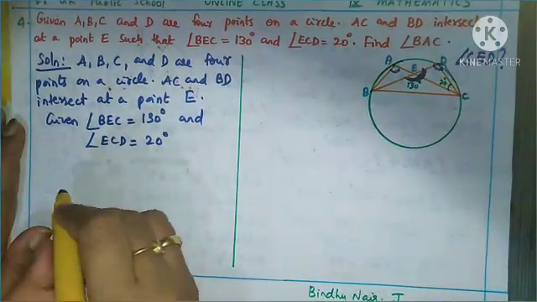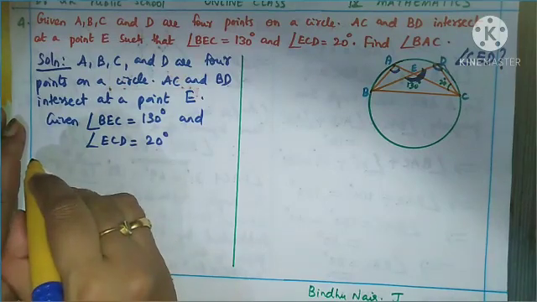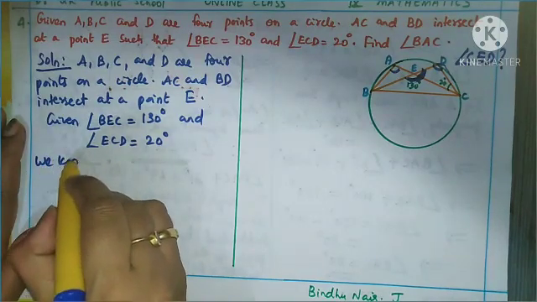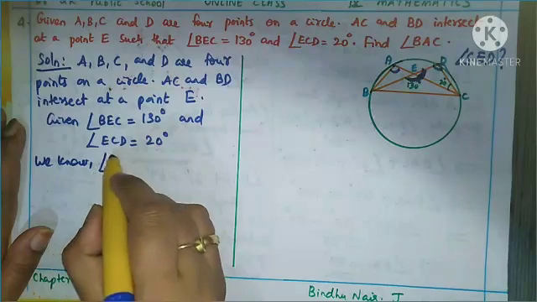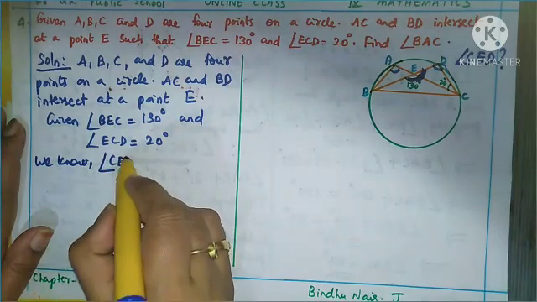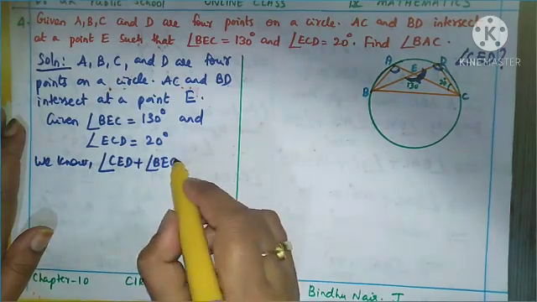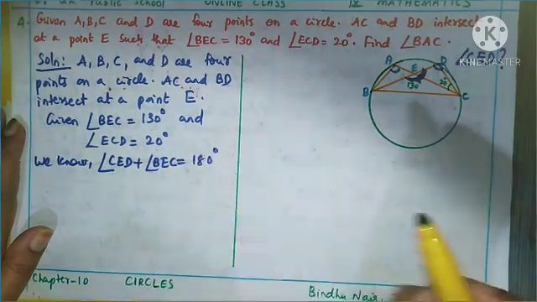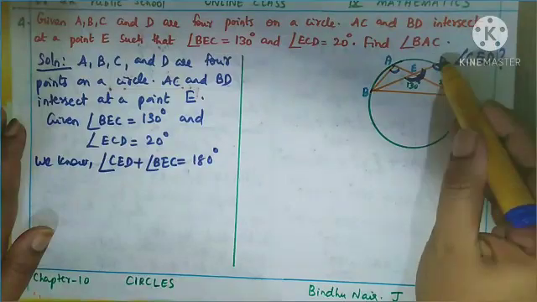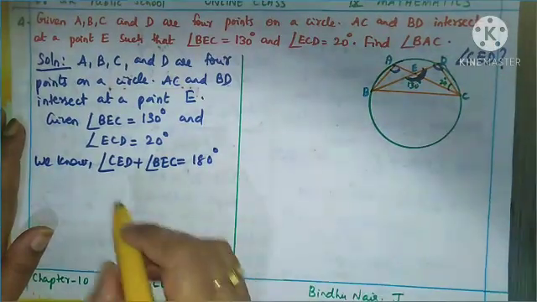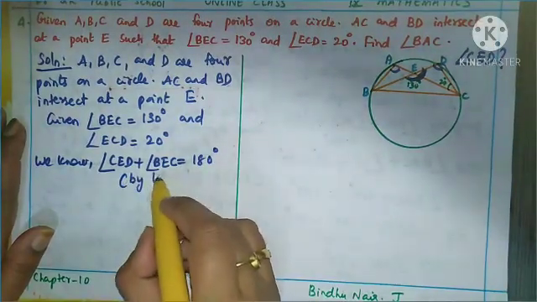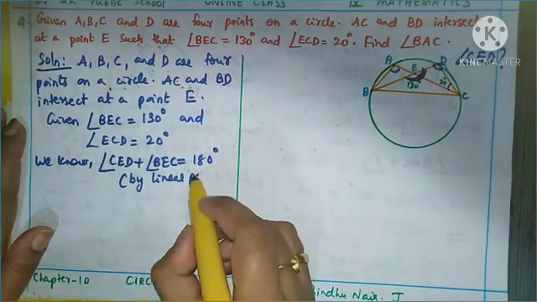First we can write, we know angle CED plus angle BEC equal to 180 degrees, CED and BEC by linear pair axiom.